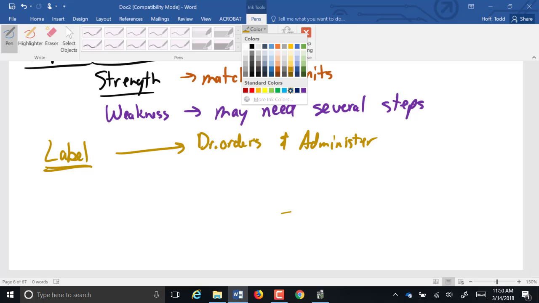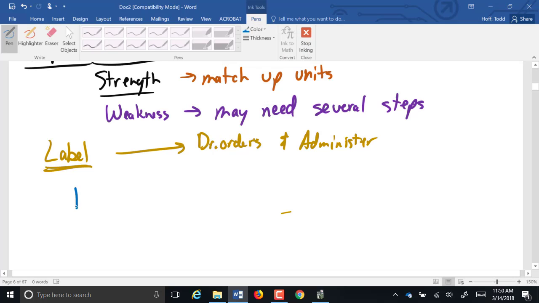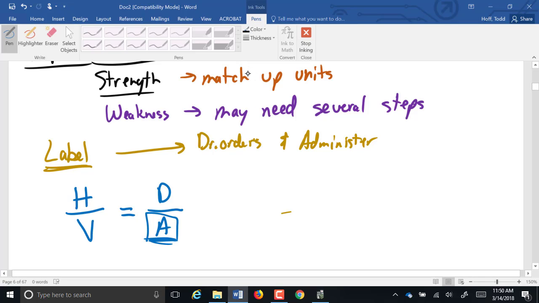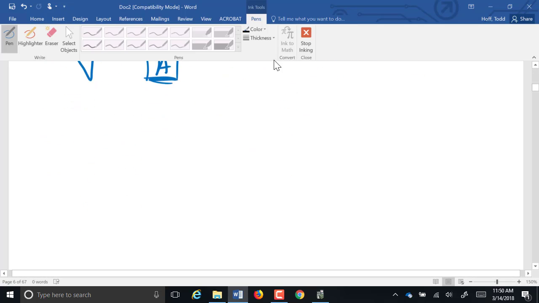So for example, if we use the terminology of the last thing with the dosage formula, you can read off the label the on-hand dose in the vehicle. That's usually a ratio, as we've seen. Well, the on-hand dose will have the same unit as the doctor's orders, and the vehicle will have the same units as what we administer to the patient. So the result that we're looking for is this bottom number in our second ratio. Now, we don't necessarily need to memorize that setup of H over V equals D over A, because the units will tell us how to set it up.